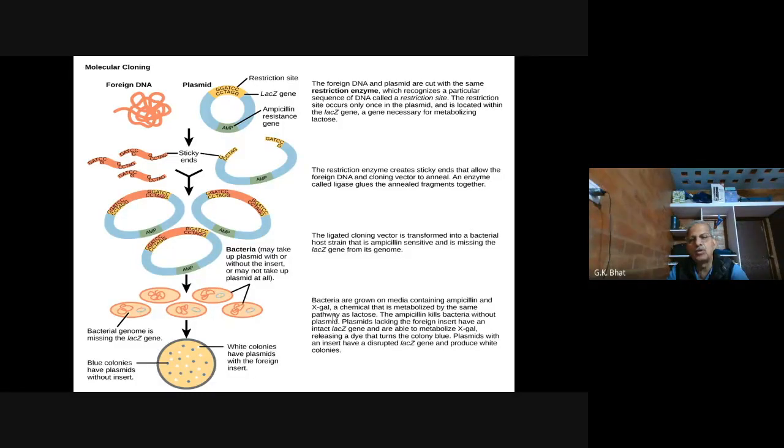Plasmids lacking the foreign insert have an intact lacZ gene and are able to metabolize X-gal, releasing a dye that turns a colony blue. Plasmids with an insert have a disrupted lacZ gene and produce white colonies. So here you have two types of colonies, one blue and one white. Blue colonies have plasmid without insert and white colonies have plasmids with the foreign insert.